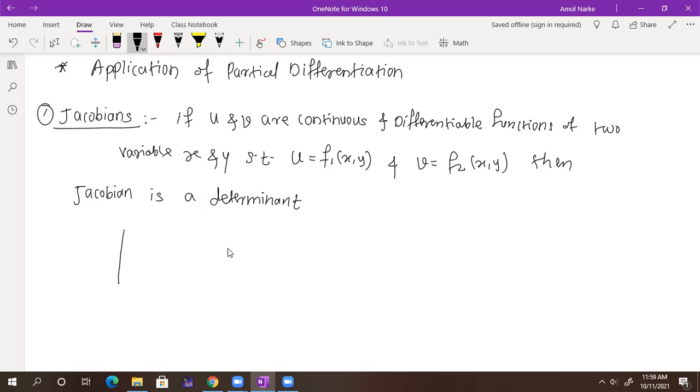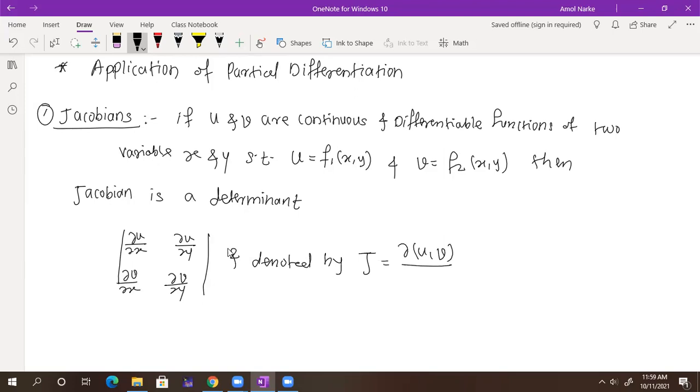So the determinant of partial derivative of u with respect to x, partial derivative of u with respect to y, in the second row partial derivative of v with respect to x, and partial derivative of v with respect to y, denoted by capital J, which is equal to the Jacobian of u, v with respect to x, y.